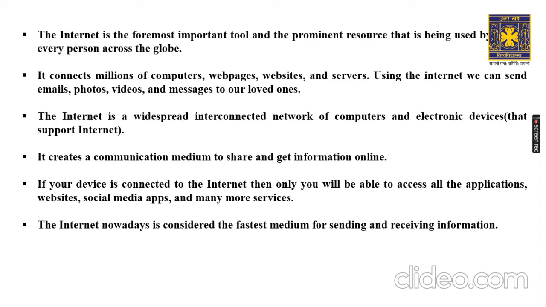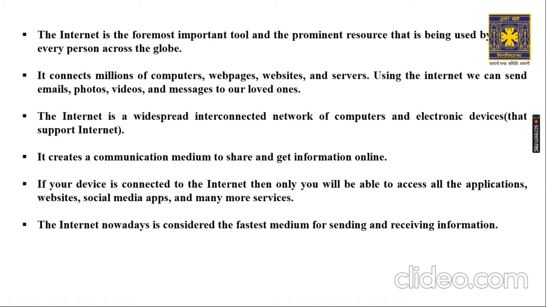From anywhere in the world, you can send a message or information, or access information stored in different websites of different organizations, with the click of a mouse. That is the advantage or significance of having the internet.